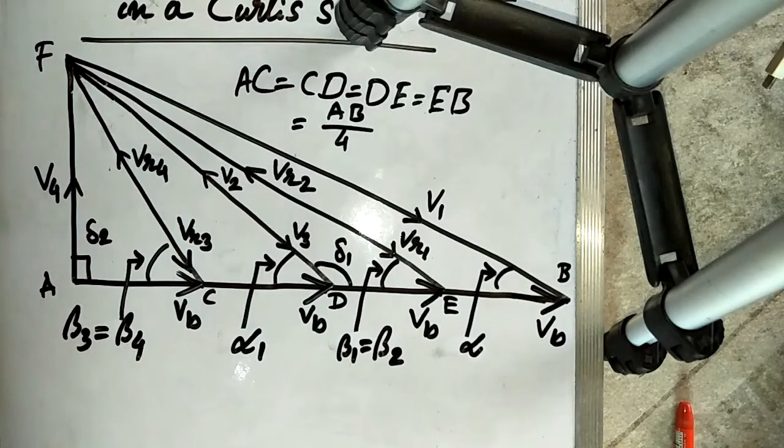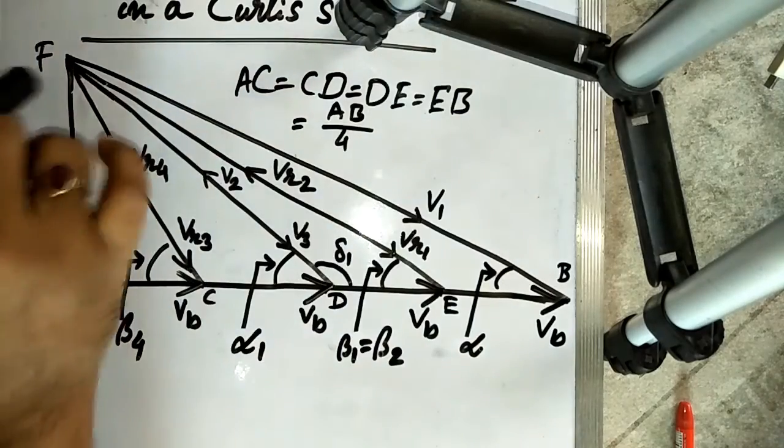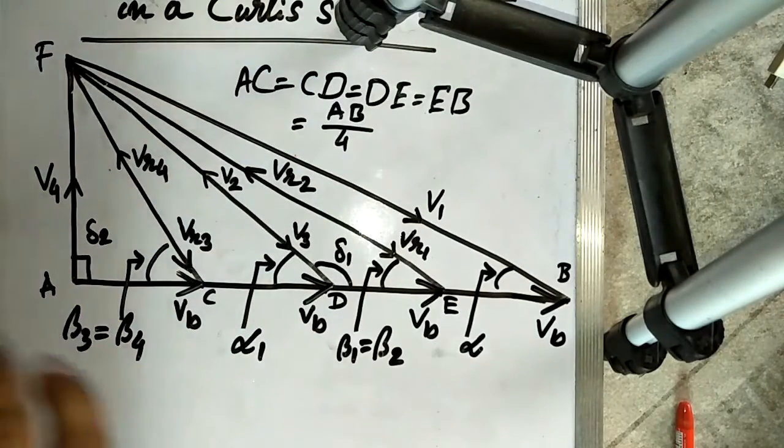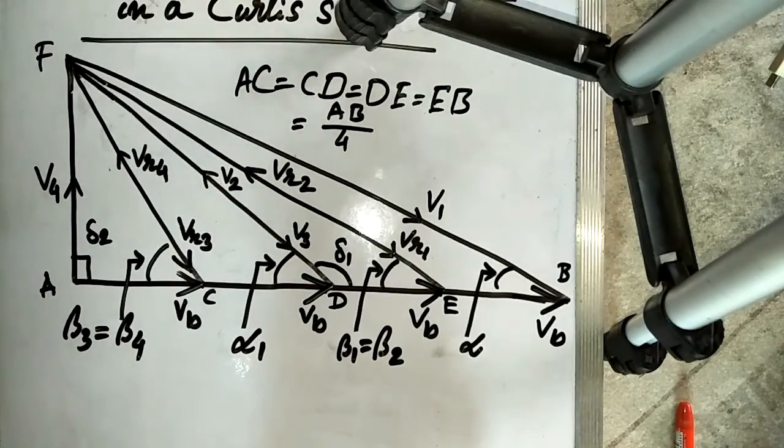So at A the perpendicular is drawn, and from B a line is drawn making an angle alpha with AB. This is alpha, which cuts the perpendicular at point F. So FC, FD and FE are joined, and these are the directions of velocities as shown in this figure.